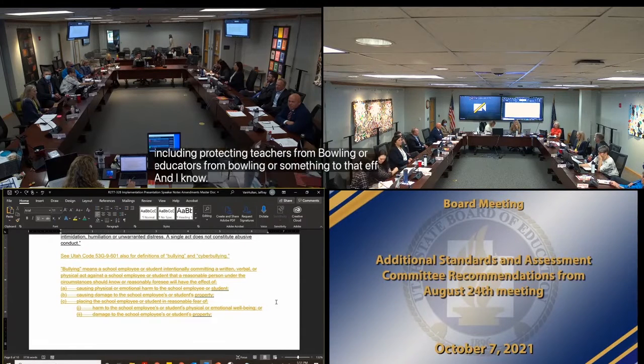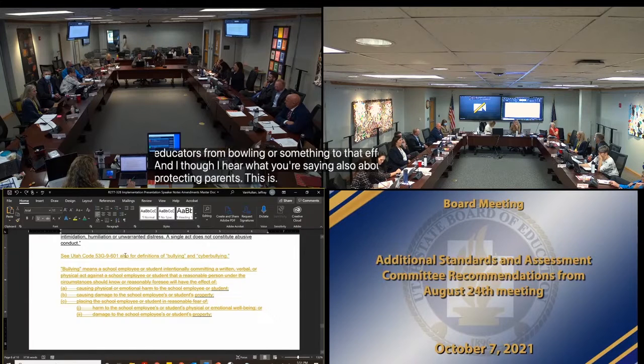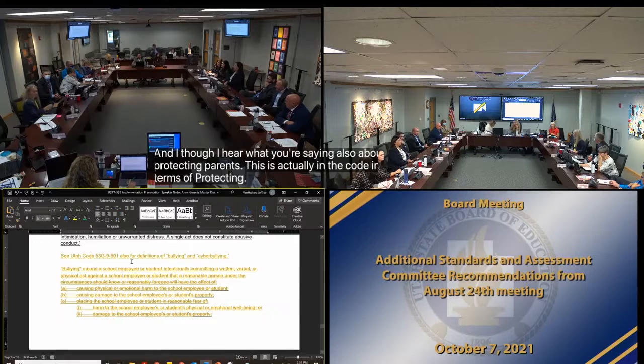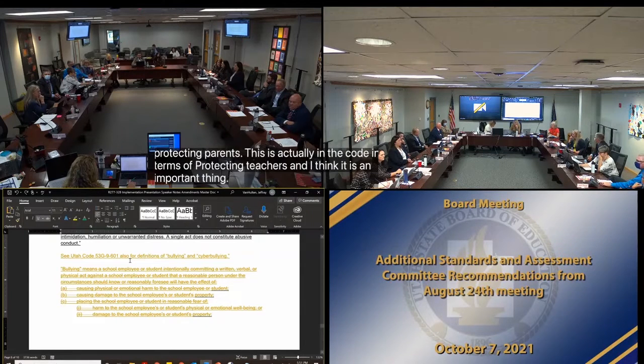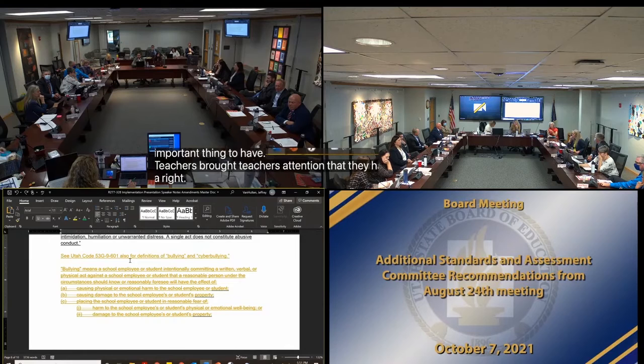And though I hear what you're saying also about protecting parents, this is actually in the code in terms of protecting teachers. And I think it is important to have it brought to teachers' attention that they have a right to that protection under the Utah code.